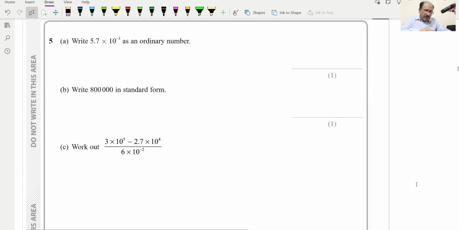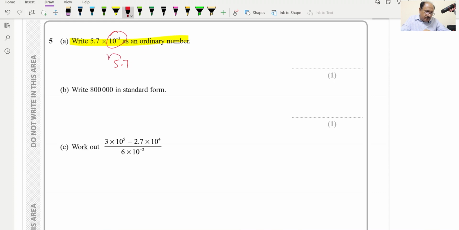Now question number 5, indices question. Basically we have to write in ordinary form, like 5.7 times 10 raised to the power minus 3. For 10 raised to a negative power, we are taking jumps, like the decimal is shifted to the left side.